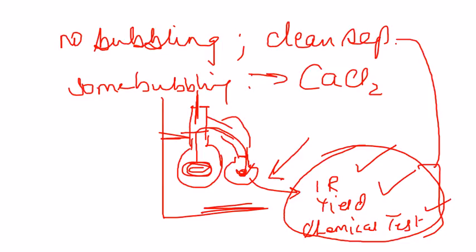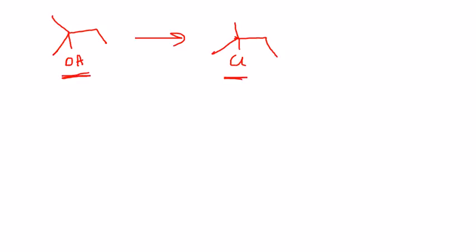Now, what is the chemical test? Let's talk about that. Let's take a look at what we had and what it has become. So we had an alcohol, and it has now become a chlorine derivative.